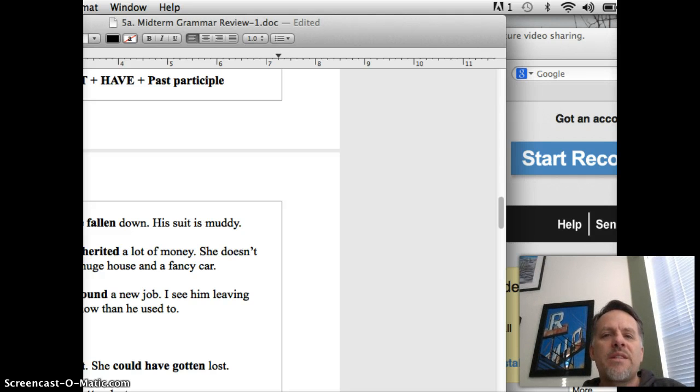In both of these situations, we don't know for sure what happened unless somebody told us. And when we come to a conclusion or we speculate, nobody has told us. We're using the information that we see or observe or whatever to come to a conclusion. So we decided that the most likely situation is that Vladimir fell down.